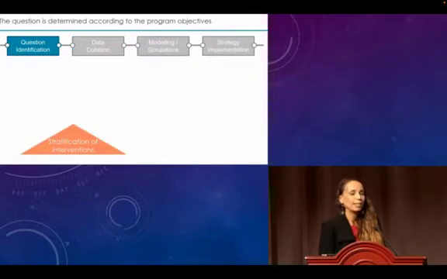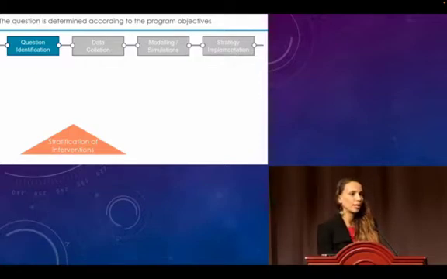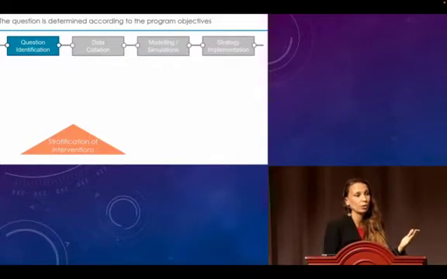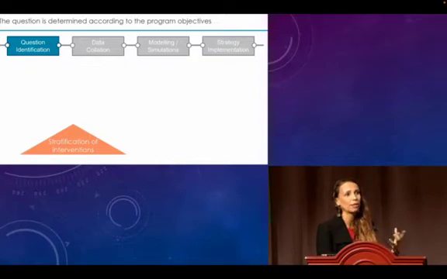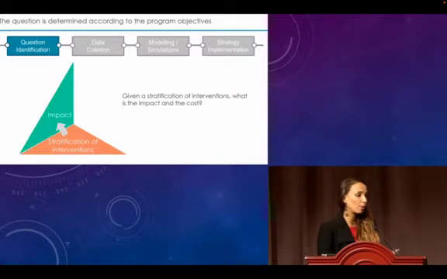So where I'll start, following up the presentation that we just had from Elizabeth, is if we have a question, for instance, we have a stratification of risk or epidemiological stratification, and we have some ideas of what interventions we would like to put in place, and the question is where would that lead us? What is the impact of this stratification plan?